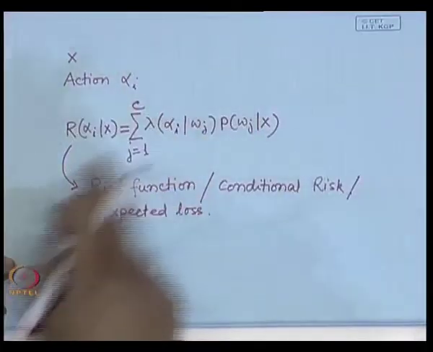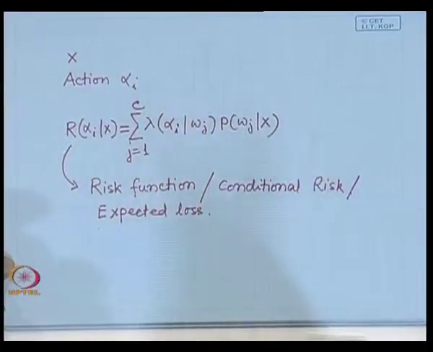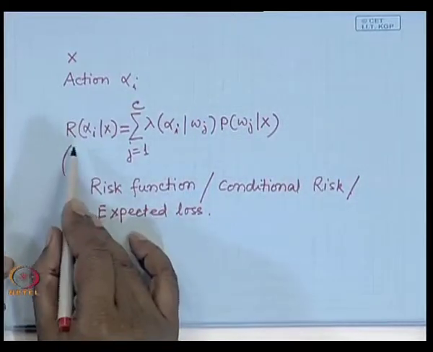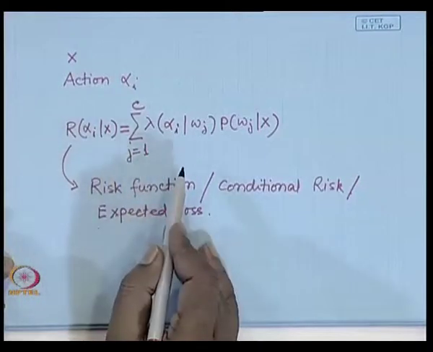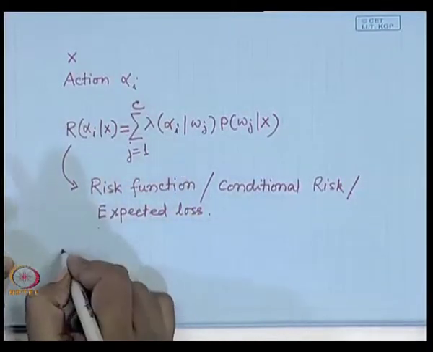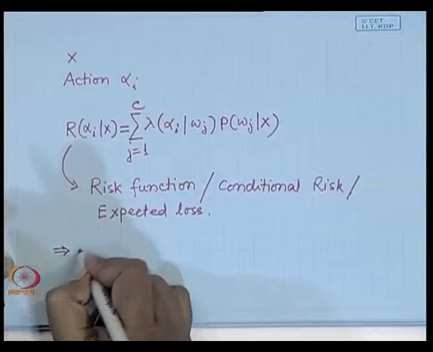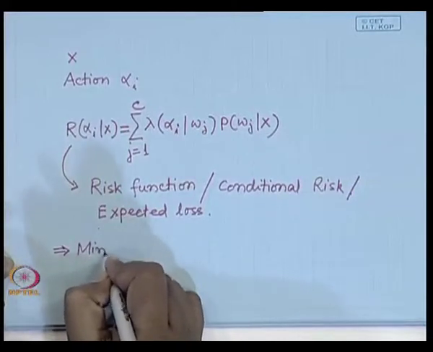Similarly, if I decide in favor of omega 2, my error is p of omega 1 given x, which is minimum in that case. In the generalized case, I have to take that action alpha i for which this risk r of alpha i given x is minimum. Accordingly, this is also called a minimum risk classifier.